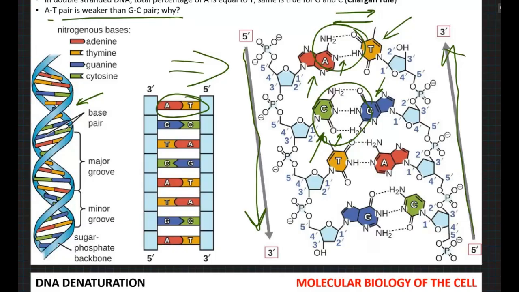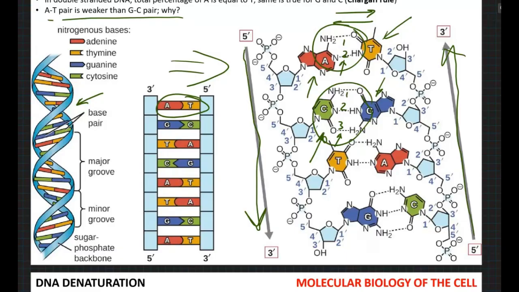AT pair is held together by two hydrogen bonds, while GC pair is held by three. Now, it may sound like a part of DNA trivia, but it is not. As we'll see in the future, the proportion of GC pairs versus AT pairs can even give hints to scientists about the role of a particular part of DNA.